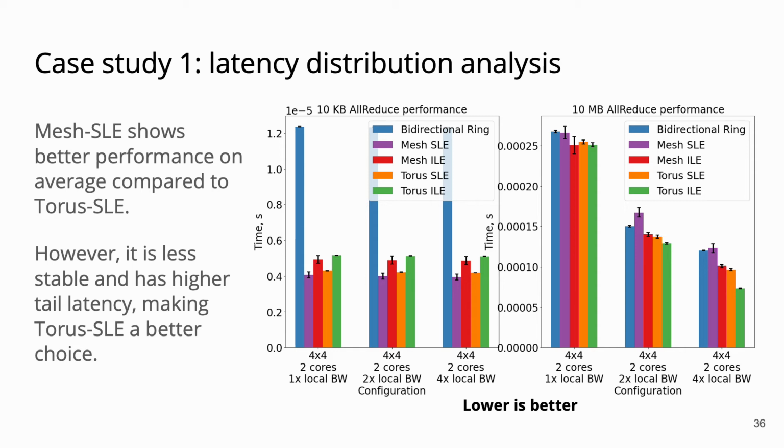It means that some processors in the system finish reduction faster than the others. As the slowest component usually determines the network performance, we have to pick a torus-based algorithm due to its better stability. Among SLE and ILE options, we see that the first is better for small message performance, while the second is better for the large ones.